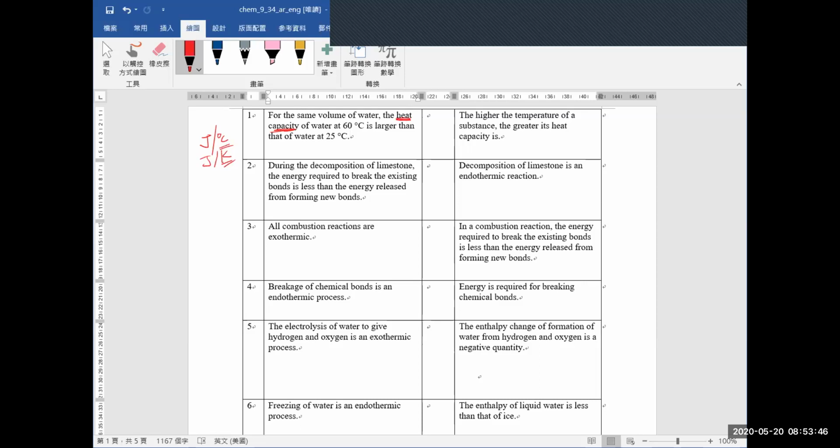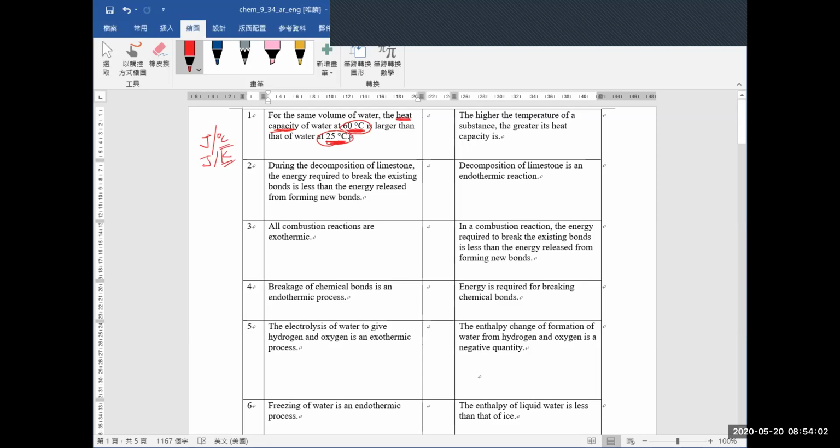Can you get my point? So it is nothing related to the temperature of the water. Can you get my point?